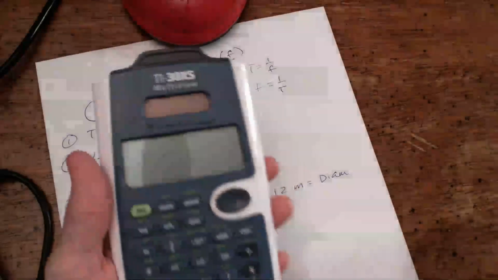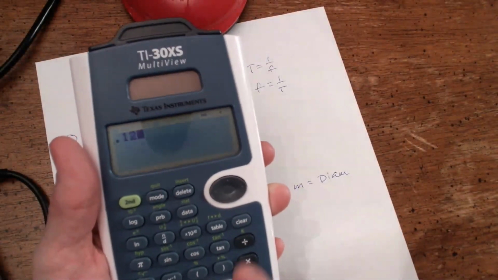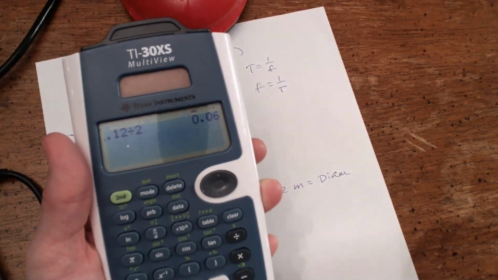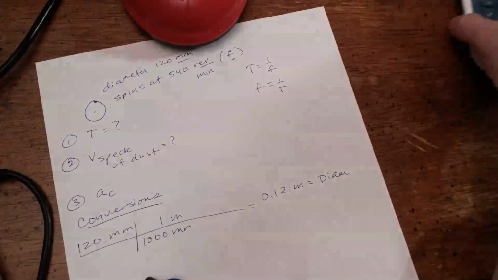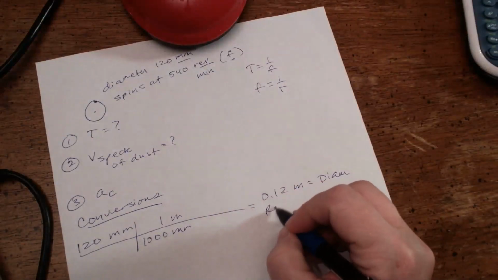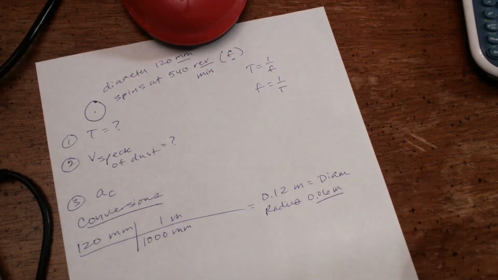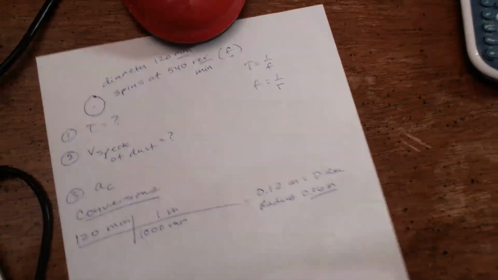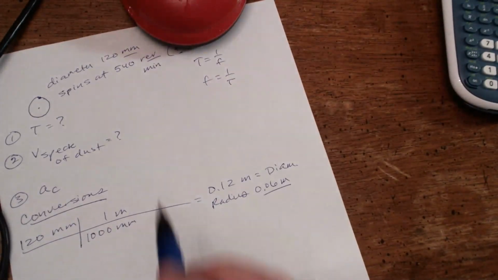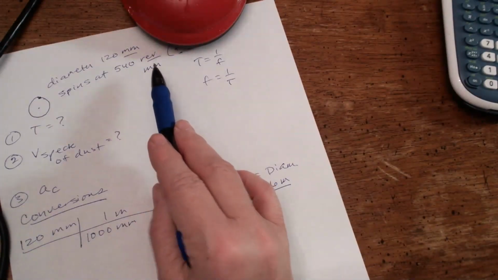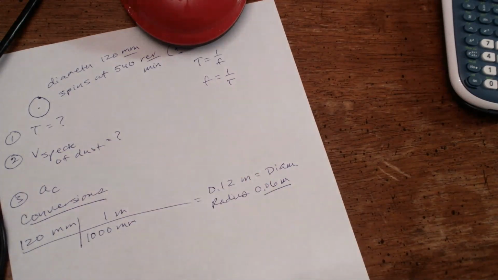So let's just see what that is real quick. 0.06. And that's what we'll use in our calculations. And then we also want to convert this frequency into revolutions per second.